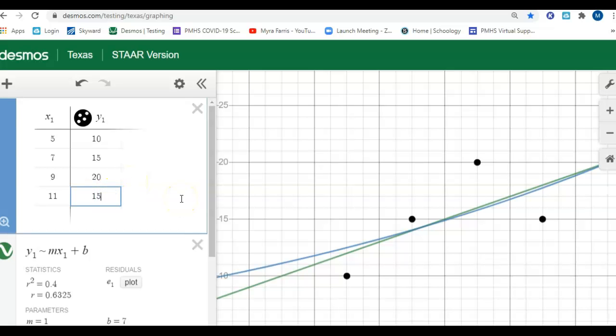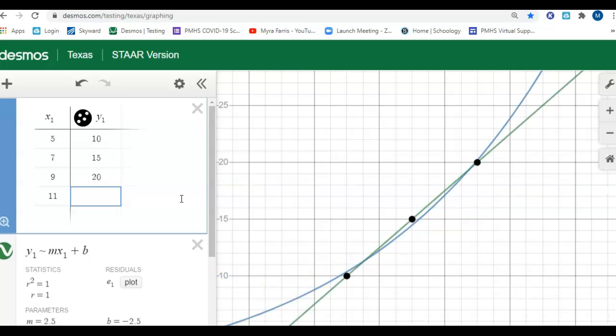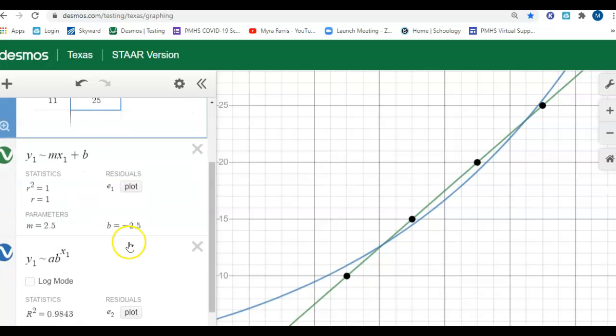Aha, this one I mistyped. This one I want to be the number 25, not the number 15. Would you please change that? Did just mistyping one data point make a whole lot of difference in my R values? So, make sure you type your data points correctly.